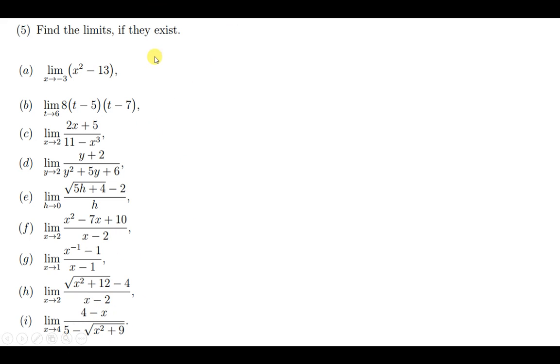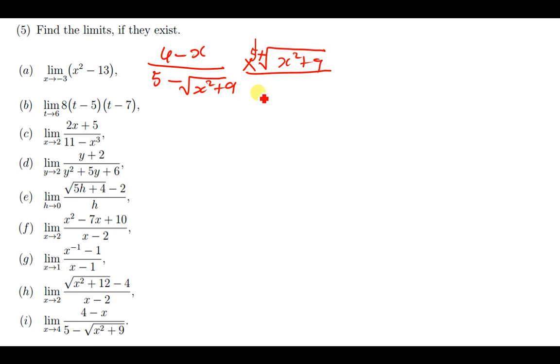So we have the numerator 4 minus x, then on the denominator, we have 5 minus the root of x squared plus 9. I'll multiply everything by the conjugate of the denominator, which is 5 plus the root of x squared plus 9, everything over 5 plus the root of x squared plus 9.